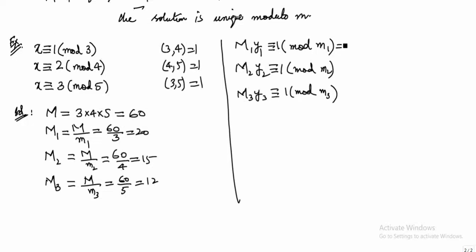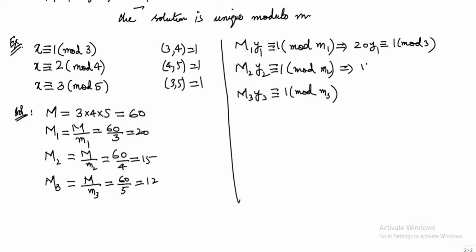So it means M1 is 20, so 20 y1 is congruent to 1 modulo 3.